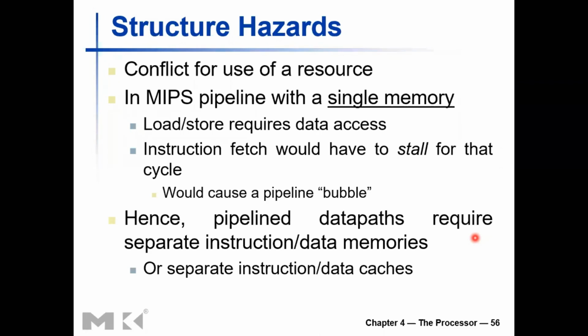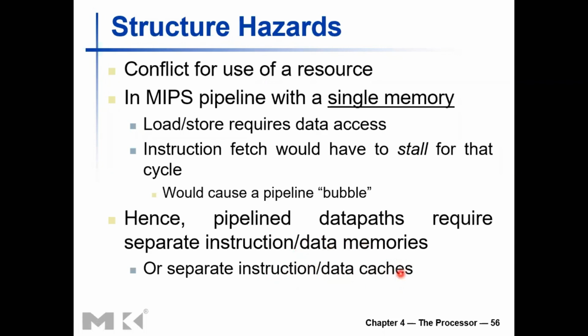One way is to have two different memories, or another solution is to have one memory but use two caches, one instruction cache and one data cache, separately. We haven't talked about cache memories yet. We will start talking about this in 2 weeks' time.